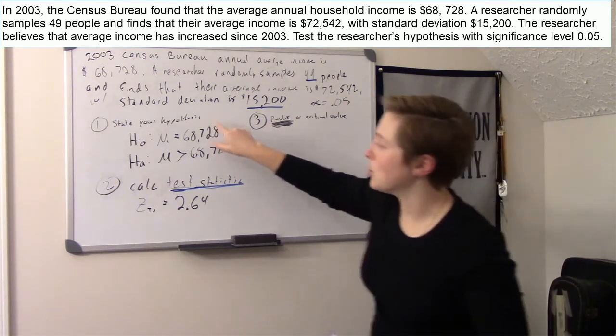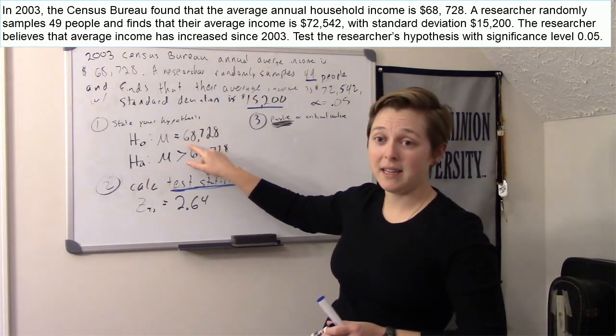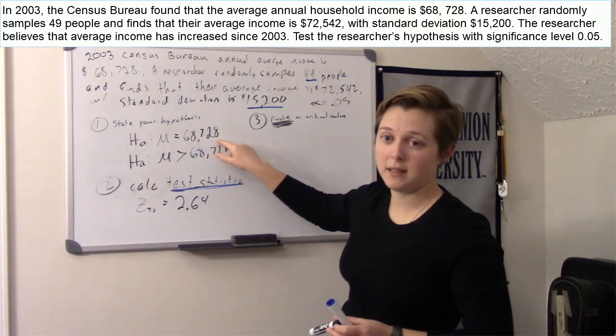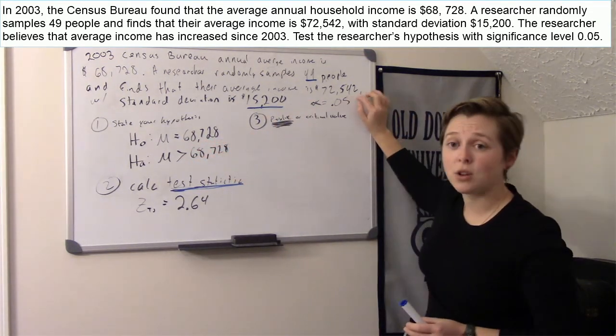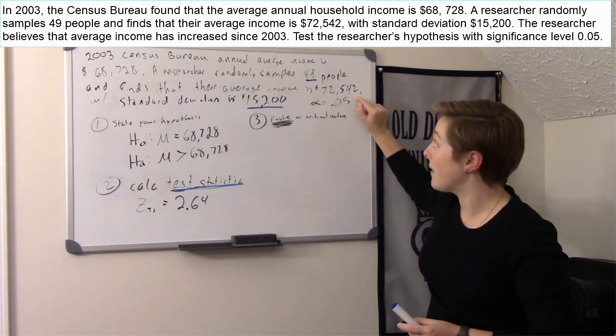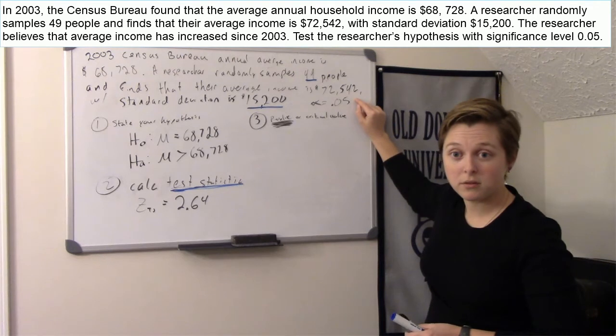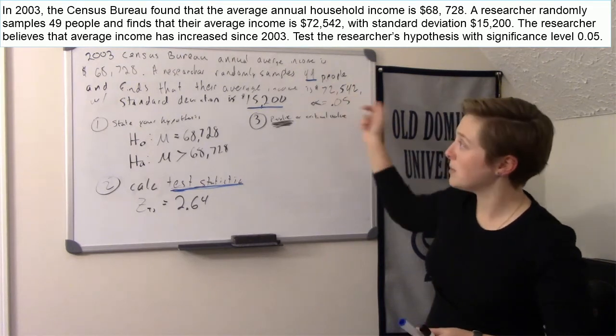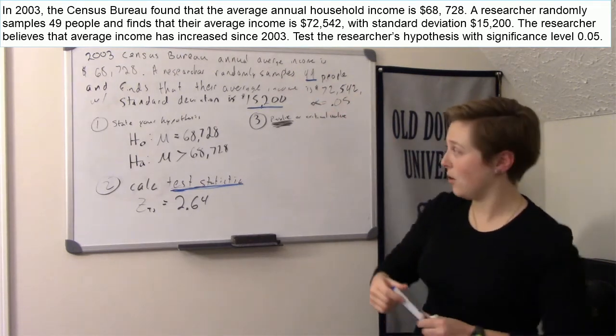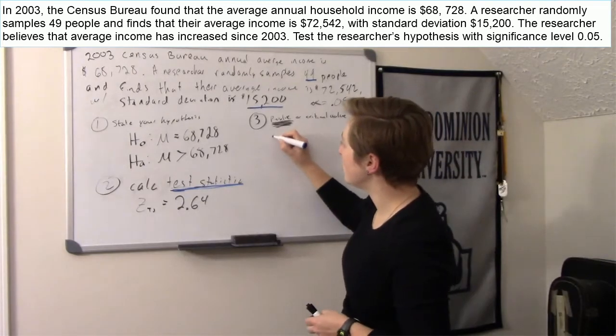Okay? So if the true population average income is 68,728, what's the probability that you would observe an average income of 49 people, 72,542? You understand? So what's the probability that you would observe that if the null is true? So p-value, you always assume null is true, right?